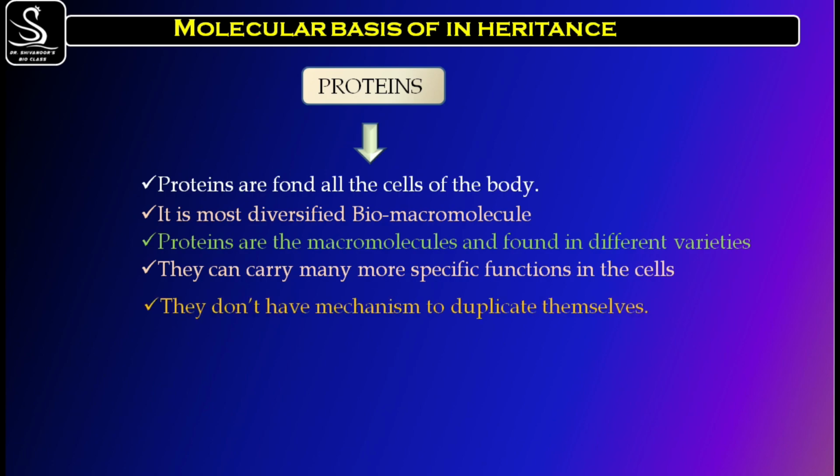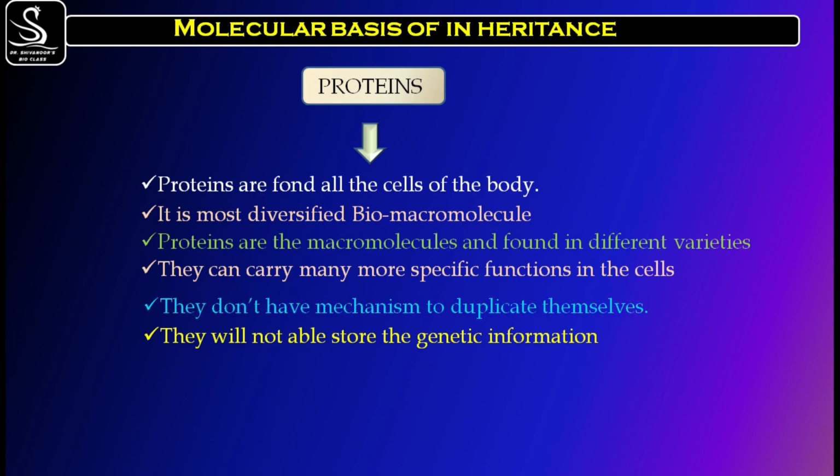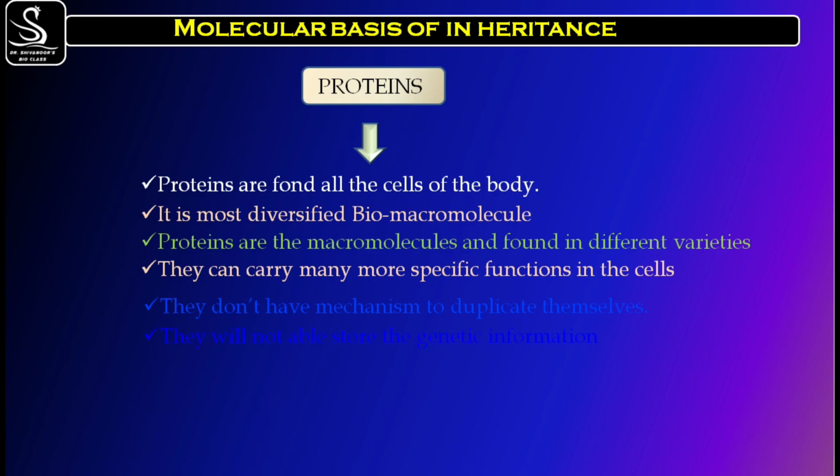But remember, my dear students, proteins do not have a mechanism of duplication. That is another property they are not able to fulfill. They are not able to store the genetic material. These two reasons made other scientists understand that protein is never going to be a genetic material.